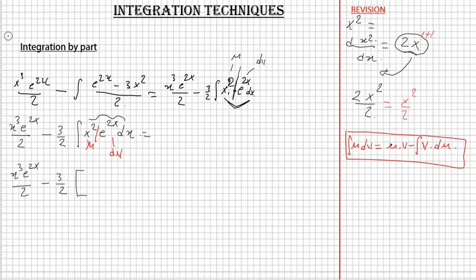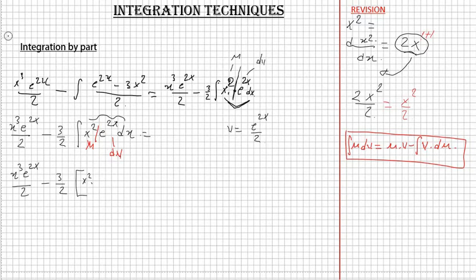So I first have u, so u is x to the power of 2, and then I have v. But here I only have the derivative of v. So to get v, I'm gonna have to integrate my dv. In other words, v is equal to e^(2x)/2.